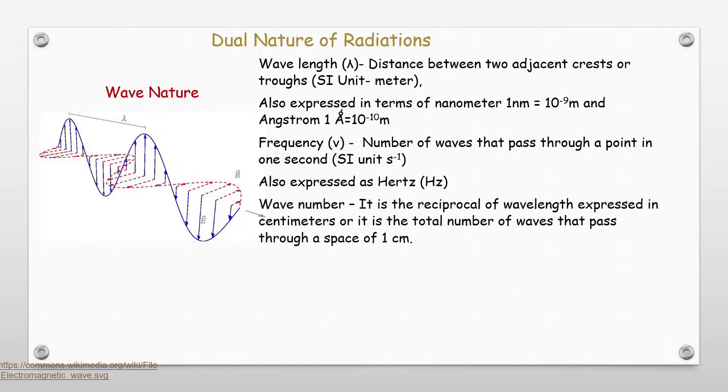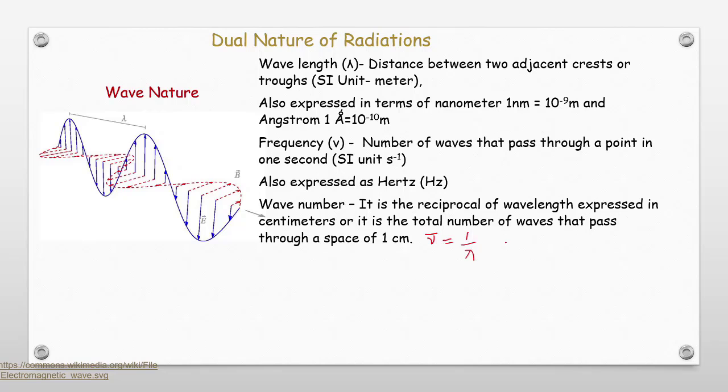Next is wave number. It is the reciprocal of wavelength expressed in centimeters, or it is the total number of waves that pass through a space in 1 centimeter. It is written as nu bar, and nu bar is equal to 1 by lambda.